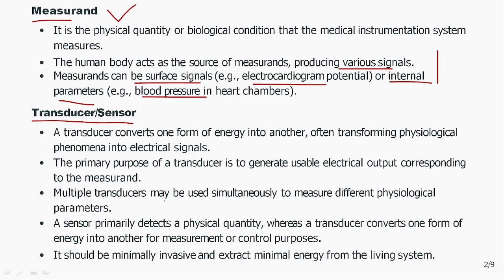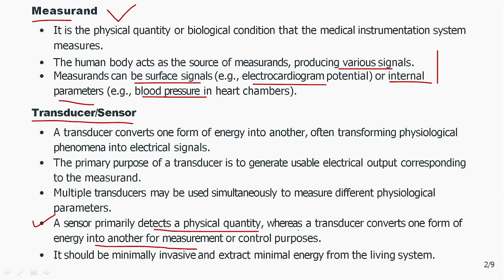Basically, the sensor primarily detects a physical quantity, whereas a transducer converts one form of energy to another form that has been measured. So what is the basic difference you mark here? Sensor will detect the change, detect the variation in that physical quantity what we need to record.